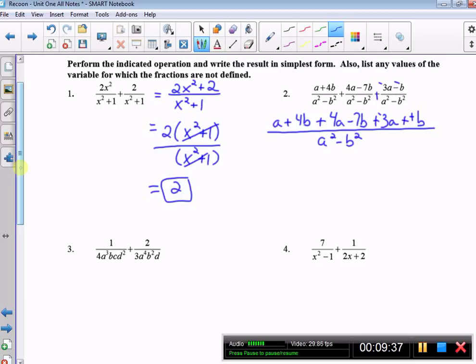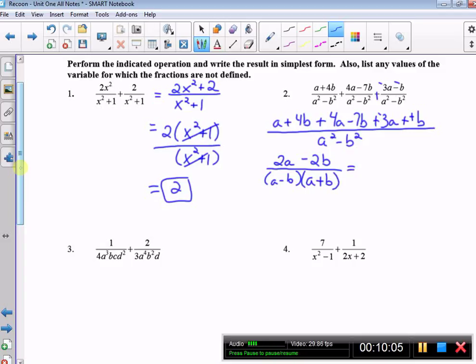So now all we have to do is combine like terms. So we have a plus 4a, which is 5a, minus 3a, which is 2a, and then 4b minus 7b is negative 3b plus 1b is negative 2b. And that should be over, and I can see I'm going to have to factor, so I'm just going to do a minus b times a plus b.